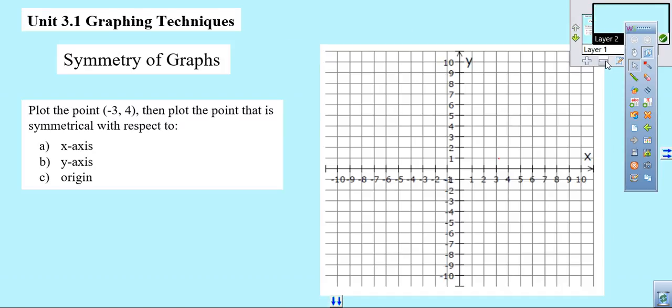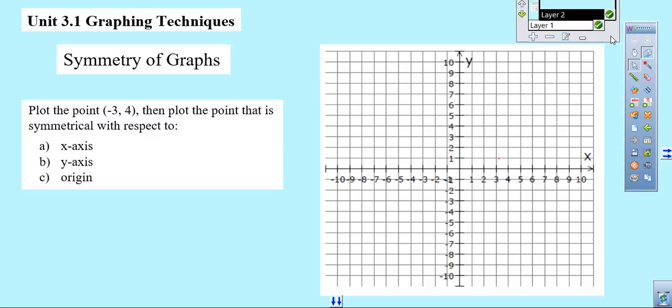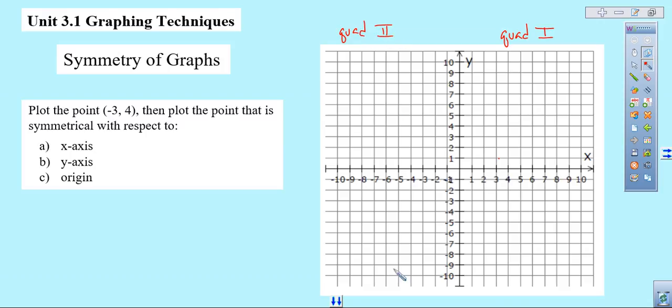Okay, so we have 4 quadrants in a coordinate plane, and in those quadrants, this would be quadrant number 1, quadrant number 2, quadrant number 3, we use Roman numerals, and quadrant number 4.